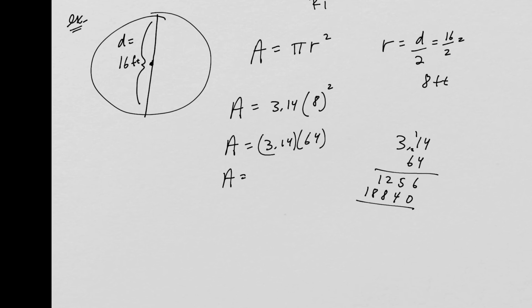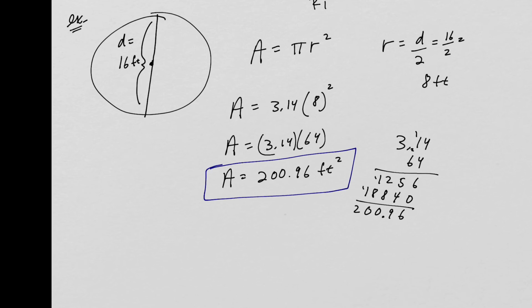So now I add, and I need 2 decimal places, right? So it's going to be 200.96, and then it has units of feet squared, again because it's an area, right? So the area of that circle is around 200.96. We approximated because we approximated pi. So around 200.96 feet squared.